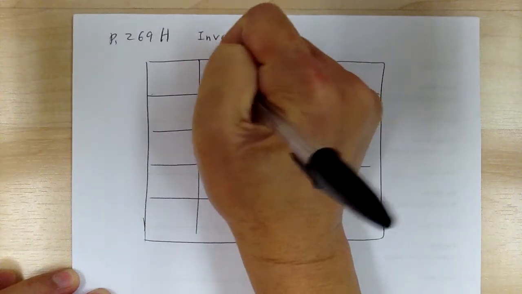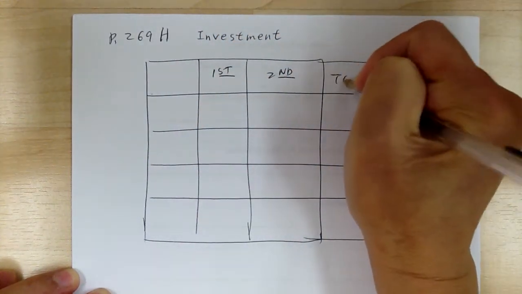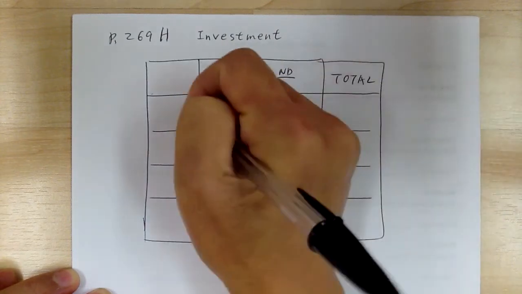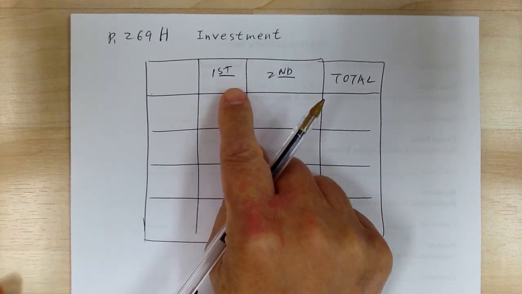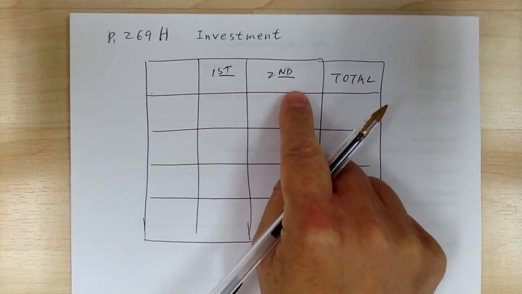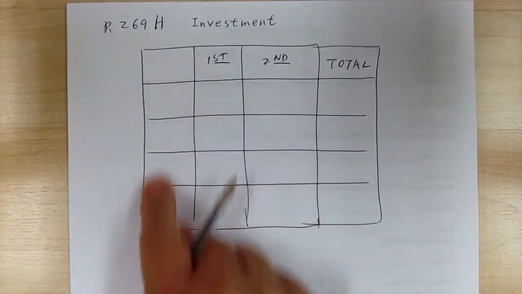This will be your first investment, and this will be your second, and this will be the total. Now, when you're going down, this is the name of the investment, like a mutual fund, or the stock. Now, the things that go on the side.